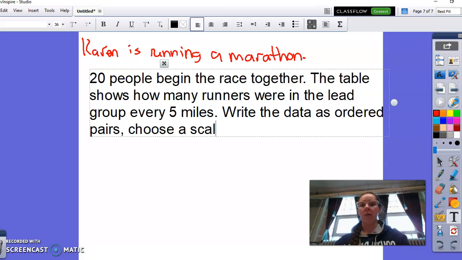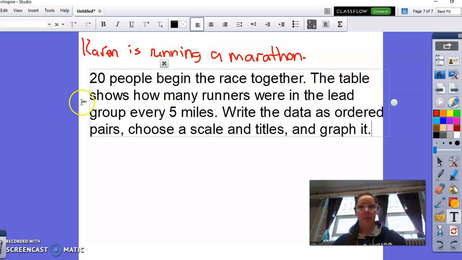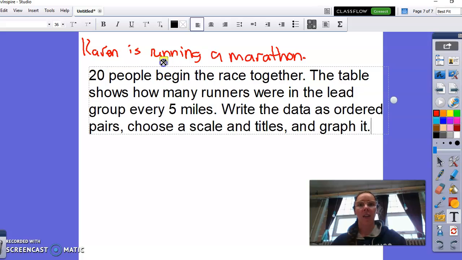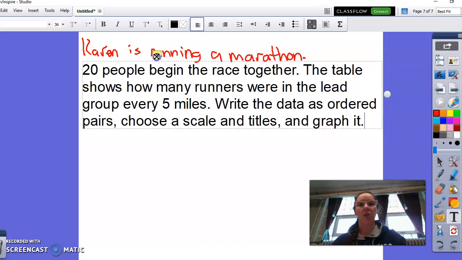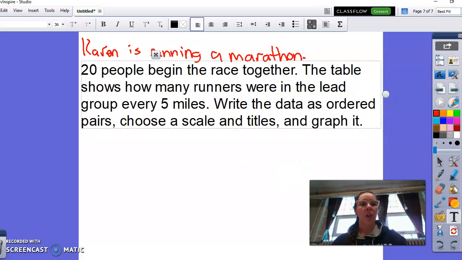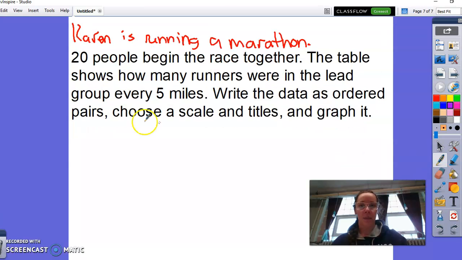Choose a scale. Let's see, choose a scale and titles. And graph it. Okay, I know it looks like a lot, so pause the video and finish writing the question in your notebook. And then when you're ready to continue, hit play again.